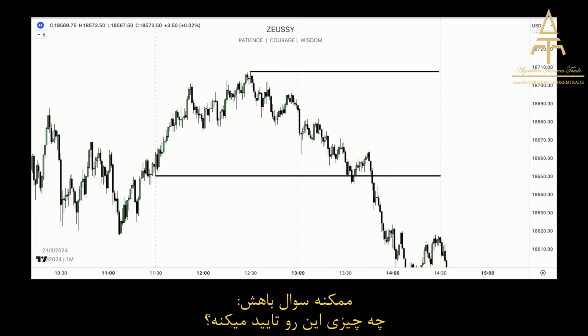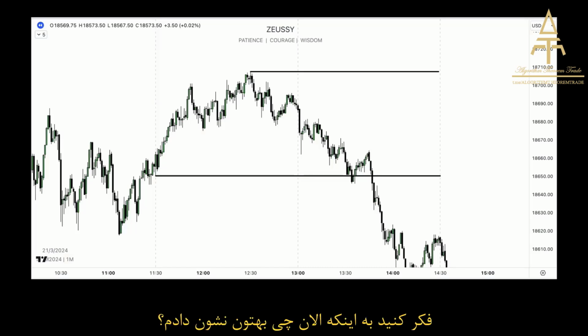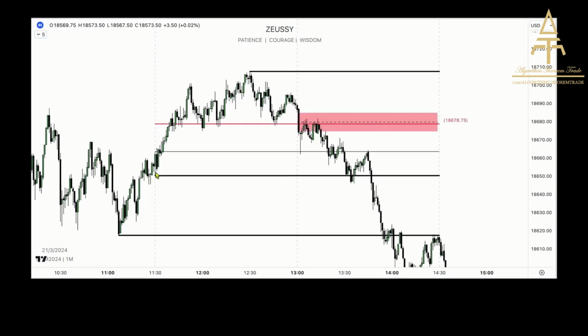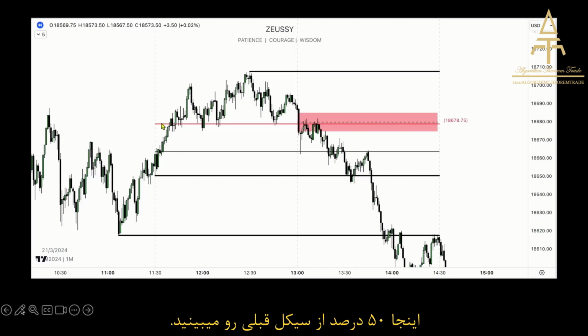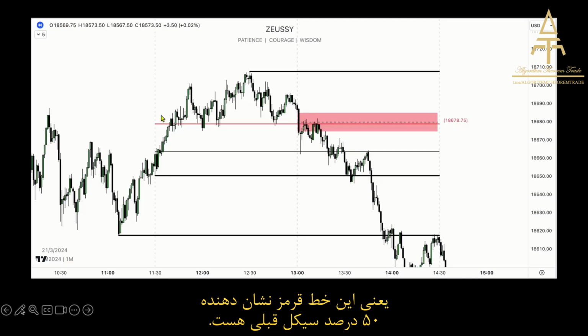However, what confirms this, you might be wondering? Think back to what I just outlined to you. Equilibrium, 50% of the previous cycle's range, is a crucial reference point. Here I have annotated 50% of that previous cycle, meaning this fat red line showcases equilibrium of that first PM cycle.